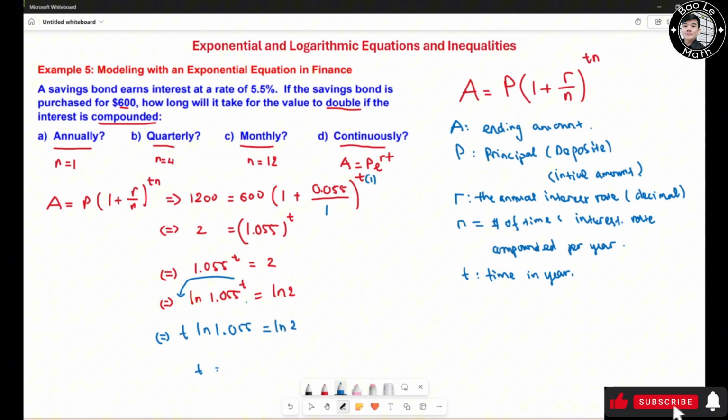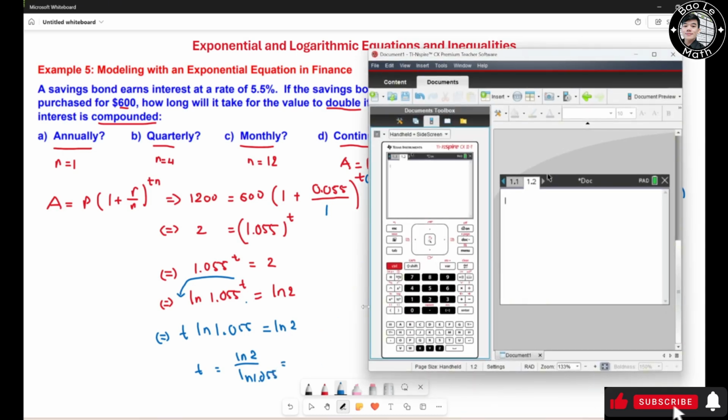And then t equals natural log of 2 divided by natural log of 1.055. Now we're going to bring up the calculator. So we hit natural log of 2 divided by natural log of 1.055 and hit enter. So the answer is 12.9462.